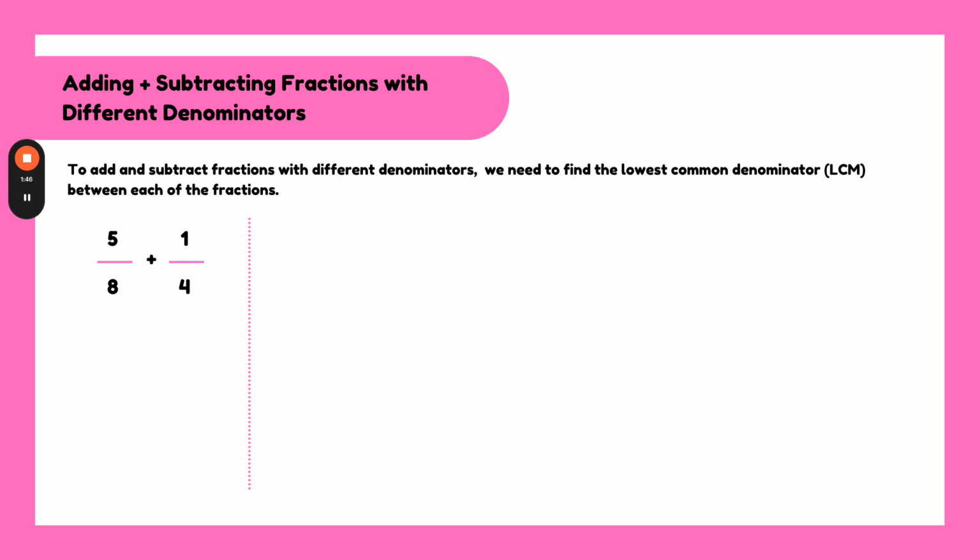So in this example, when I say find the lowest common multiple of the denominators, our denominators are 8 and 4, so we have to find the lowest common multiple between 8 and 4. And how do we do that?